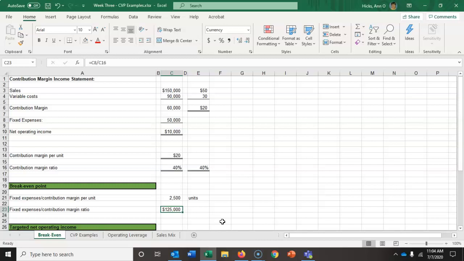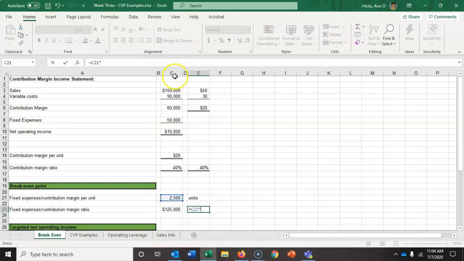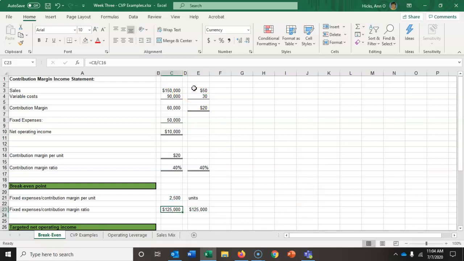Now, if you take your 2,500 units and you multiply it by your sales price per unit, guess what you're going to get? $125,000. So there are just two ways of arriving at the same data. It depends on how you want the data. Do you want it in dollars or units? And what data do you have available to generate the break-even point?